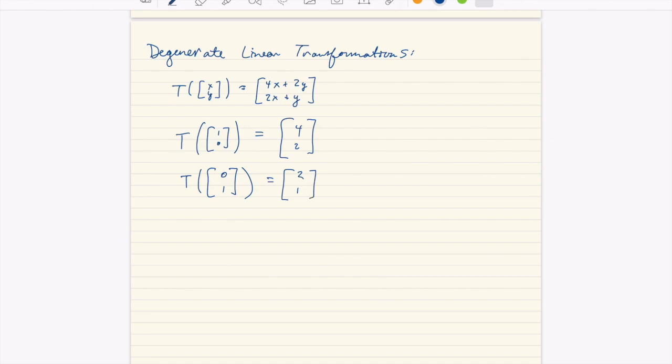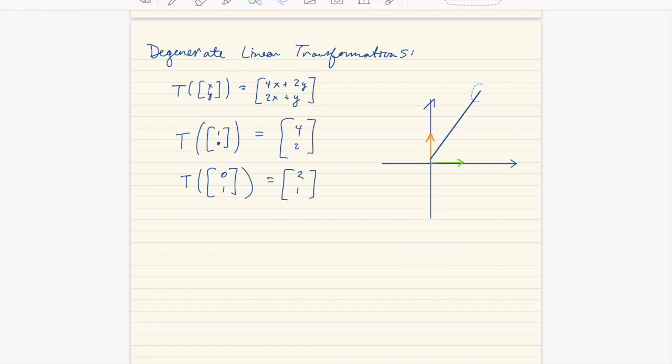And so if we were to graph this, if we were to have our normal Cartesian plane, we would have our vector (1, 0) and our vector (0, 1). And (1, 0) would be sent to the vector (4, 2). So I'm just going to estimate here, but that's roughly going to look like (4, 2).